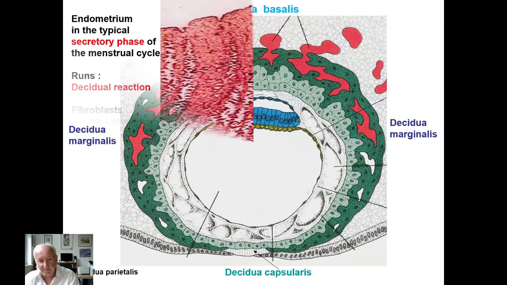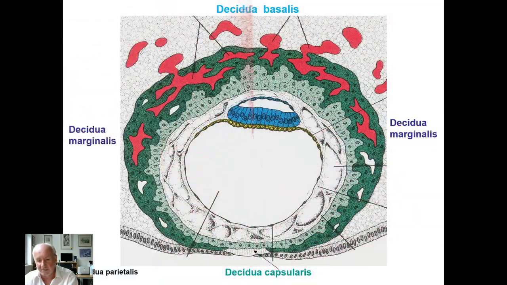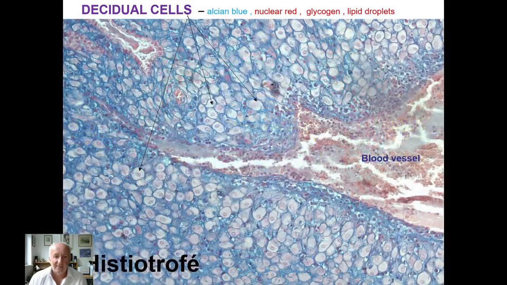So I've drawn you a picture of a fibroblast, and now how the decidual cells look. You see that the former fibroblast has changed into oval-shaped, round, spherical, big, large cells in the endometrium. Nucleus, you see still, but it's a round nucleus, not anymore elongated, oval-shaped, but a round spherical nucleus.